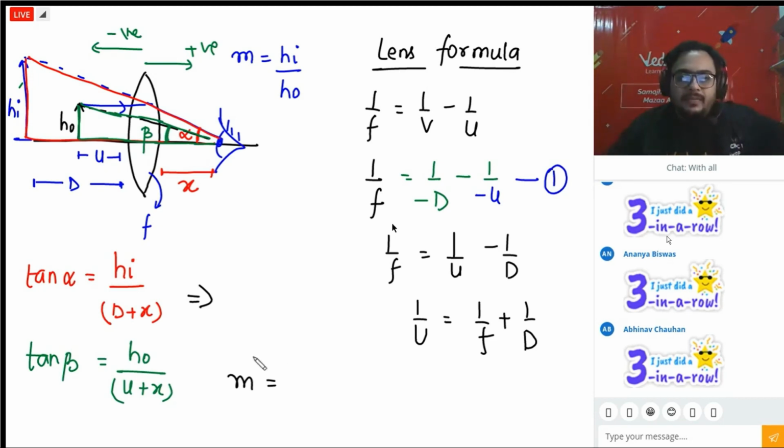And if we take d negligible, the value of 1 by u is 1 by f plus 1 by d. Yes. If I take the value of x negligible, this will basically become height of image by height of object.